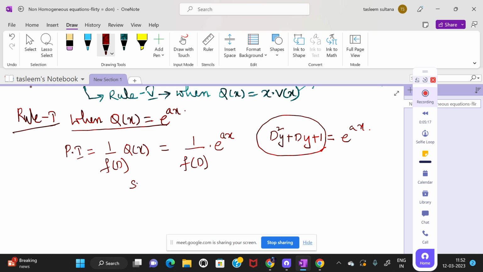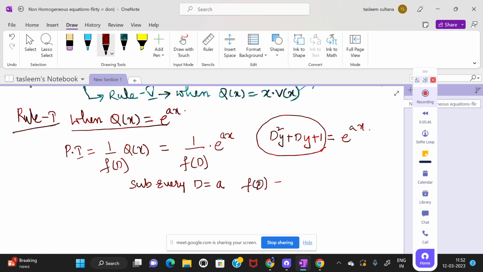You're going to substitute every D equals a. Where do you get this a? From the power of e, whatever the constant value is there, that is your a value. You substitute it into f of D and check that f of D is not equal to 0 after substituting.